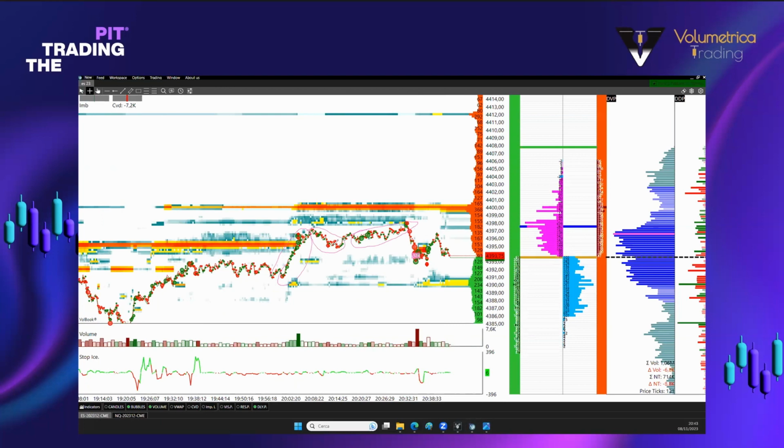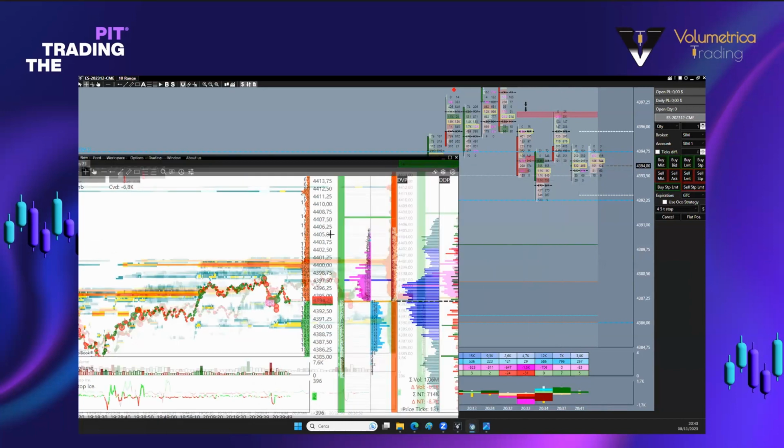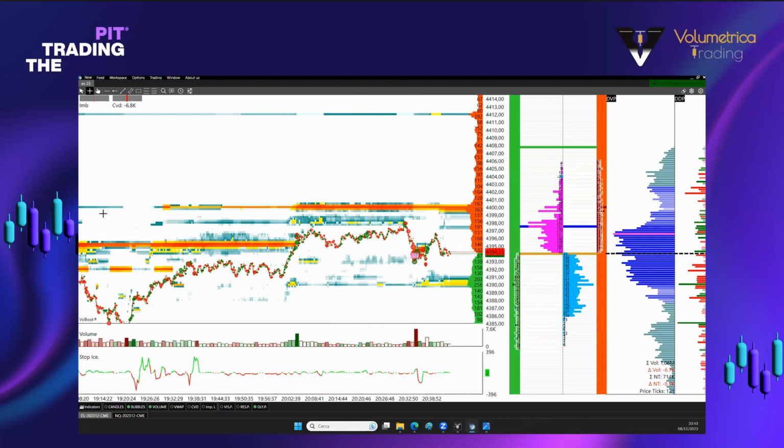The first one is that in footprint we have numbers and mathematical ratios, delta, basically. Here, aggressive orders are more visual.